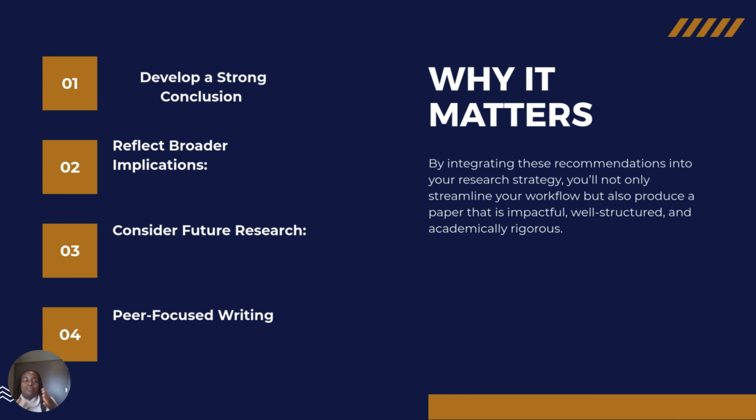This provides conciseness in our insights from the research findings, in a summary aimed at industry practitioners, and also integrates this recommendation into our research. By this streamlined workflow, in our research paper, we're going to have great impact, a good structure, and academic rigor.